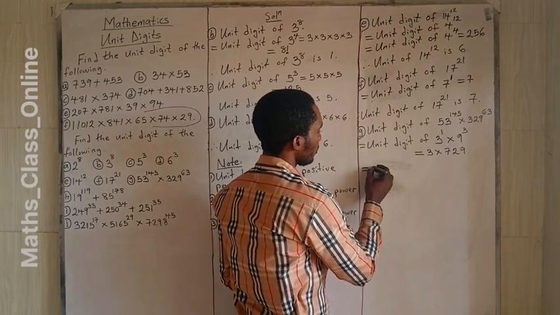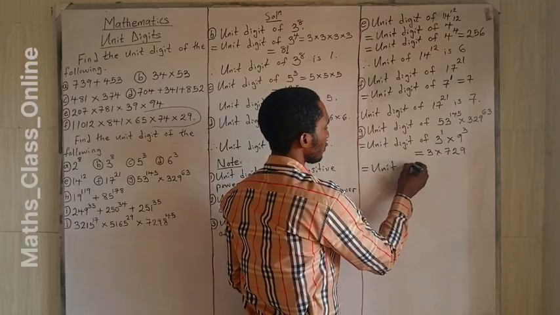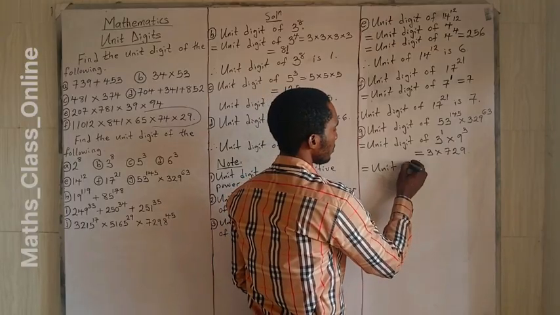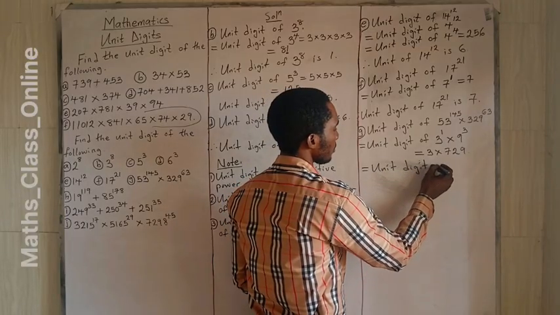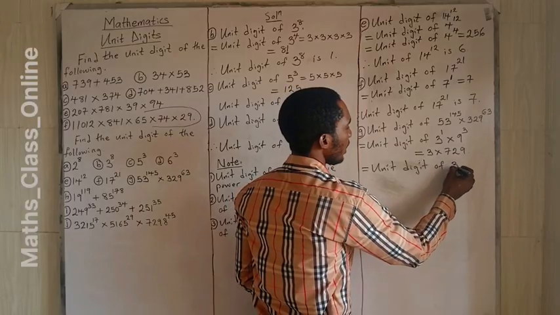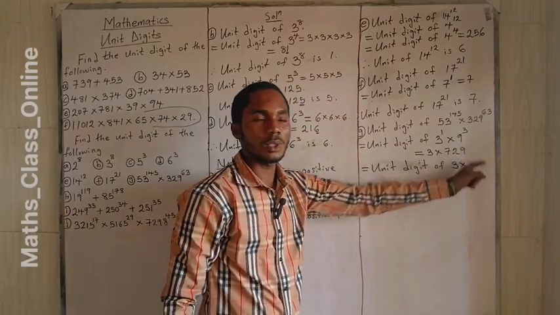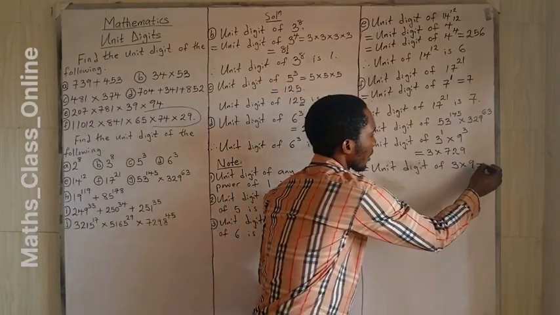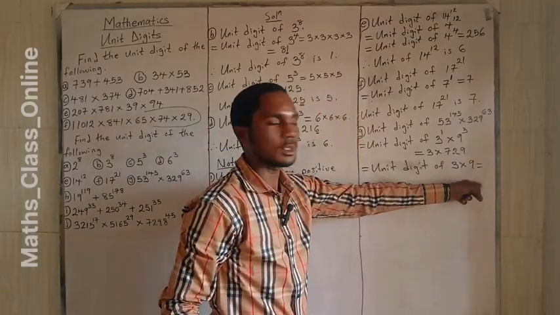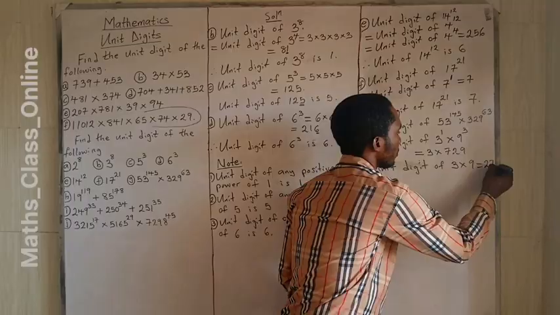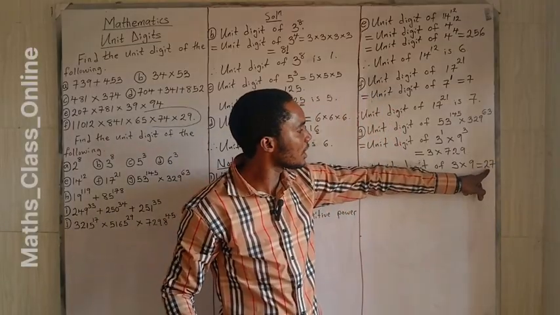This is equal to the unit digit of 3 multiplied by the unit digit of 729, which is 9. 3 times 9, that is 27. Now, what is the unit digit of 27?